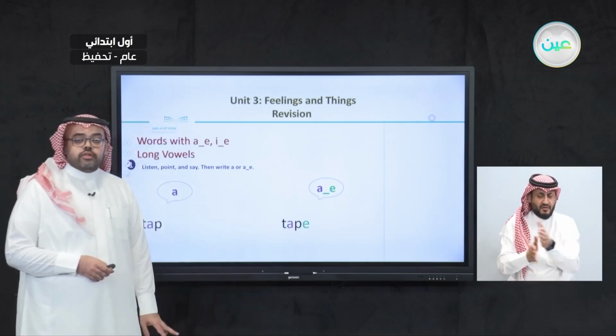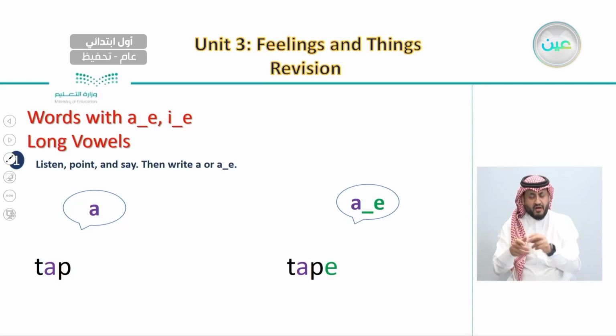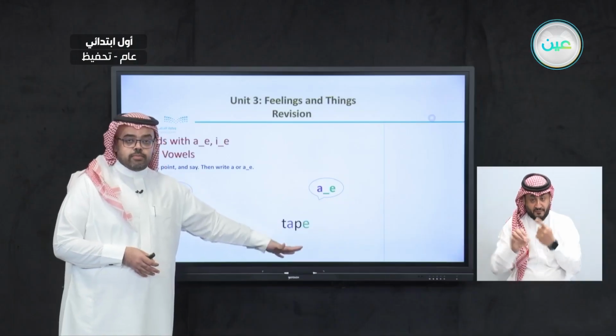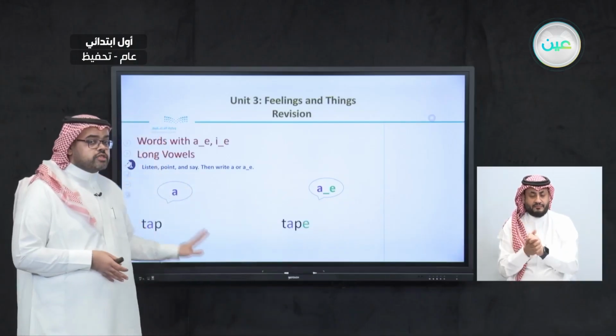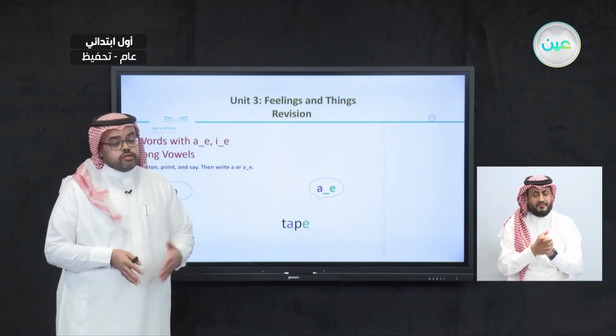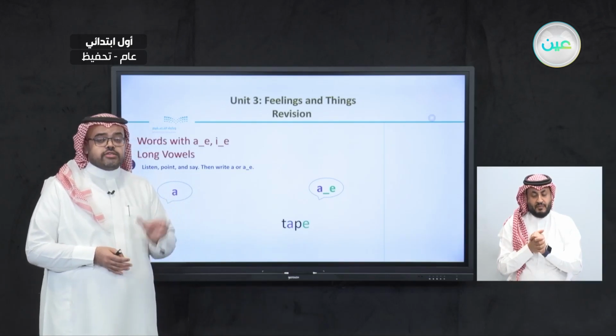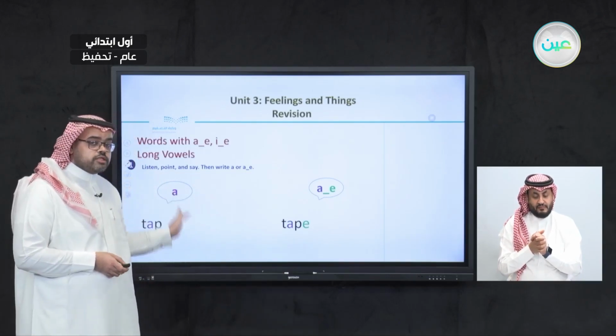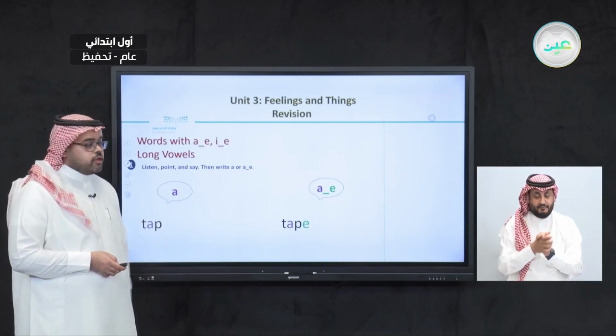So this is the role that E can play when we have words like tab and tape. We pronounce the letter A as a long vowel when we have a word that ends with E, tape. And when we have words that do not end with the E, we pronounce A as a short vowel, tap, tap.